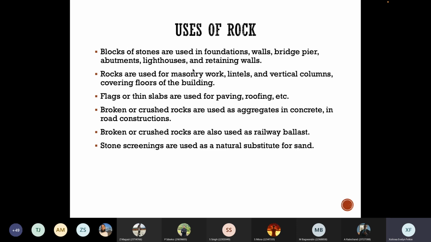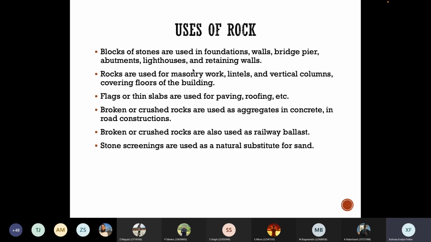So this is a list of uses of rocks in civil engineering. A block of stones are used in foundations, walls, bridge piers, abutments, lighthouses, and retaining walls. They're also used for masonry work, lintels, vertical columns, and covering floors of buildings.